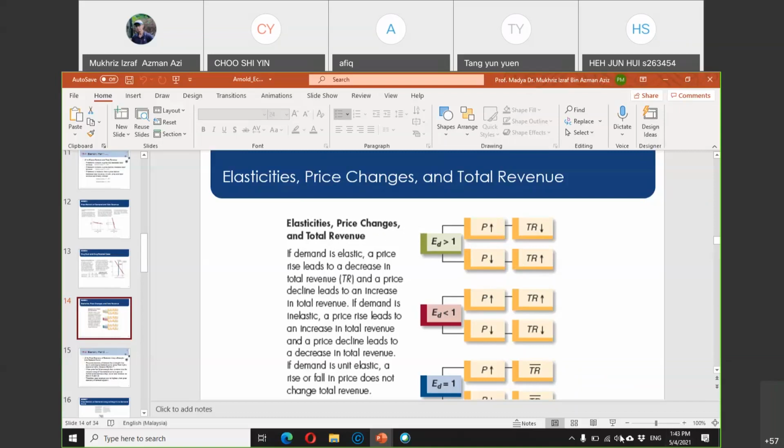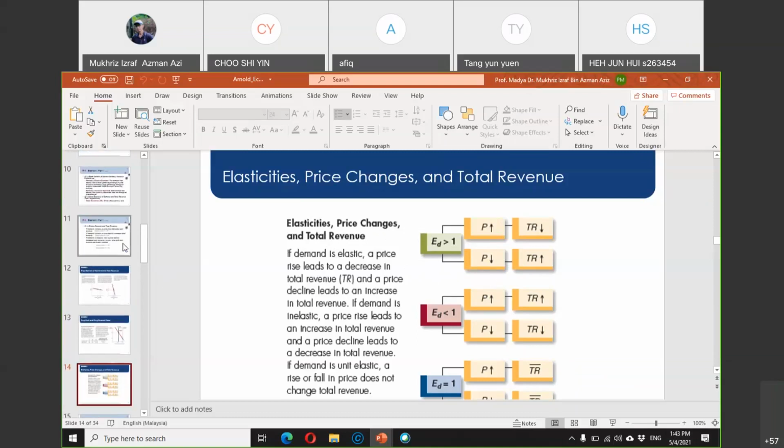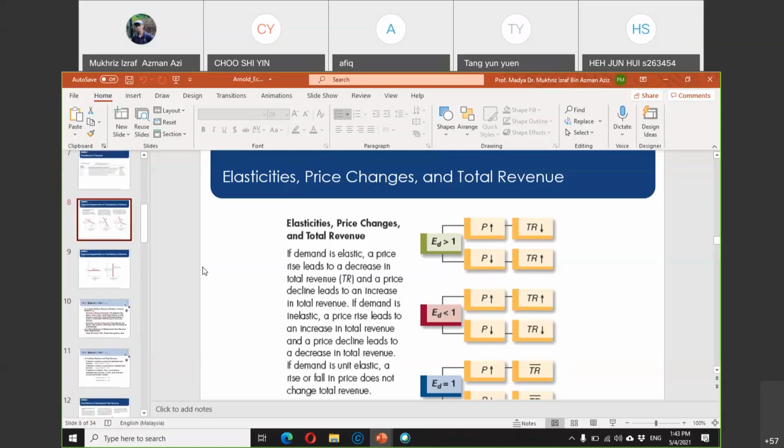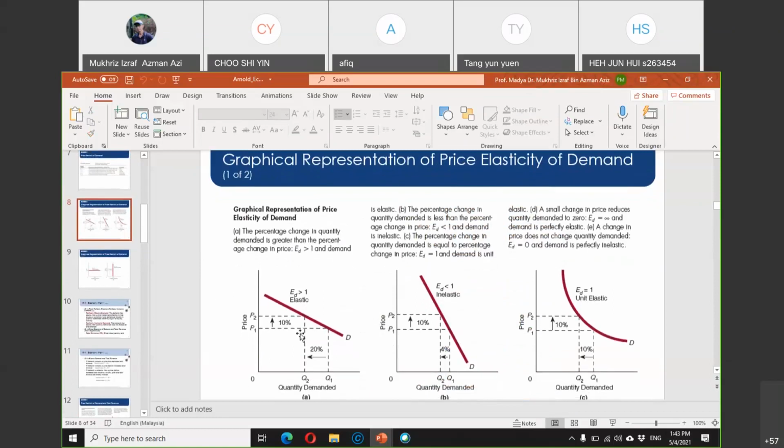A small change in price will lead to a bigger change in quantity demanded, correct? That is what we learned just now. If you reverse the process, if the price drops by 10%, quantity will increase by 20%, meaning that quantity demanded increases more than the drop in price.